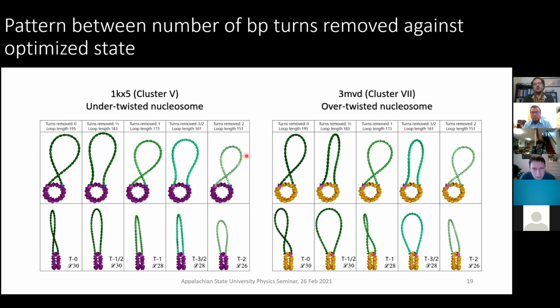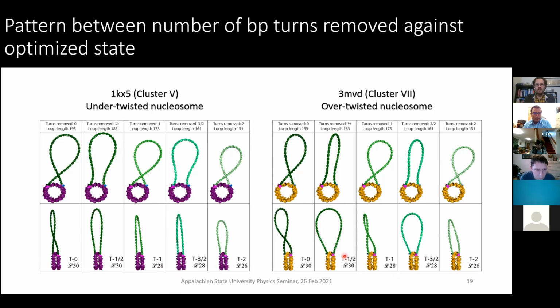But one thing you might notice is that if I rotated the structures, as you can see on the bottom, I again have that closing and opening, but I have something that's inconsistent. If you take a look here at the T1 half and T1 for our under-twisted nucleosome, we have more of a needle shape, more of an open configuration on both views.